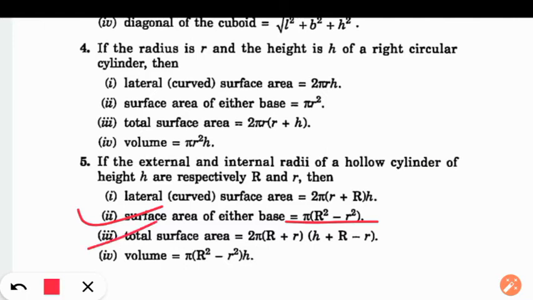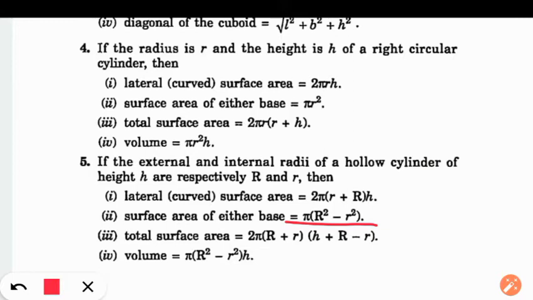Third one, total surface area. Now to find the total surface area, what is the formula? The formula will be lateral surface area plus the surface area of either base, that means 2 times. What is the surface area of the top? It is pi in bracket capital R square minus r square. This is the surface area of the top portion and the surface area of the bottom portion.